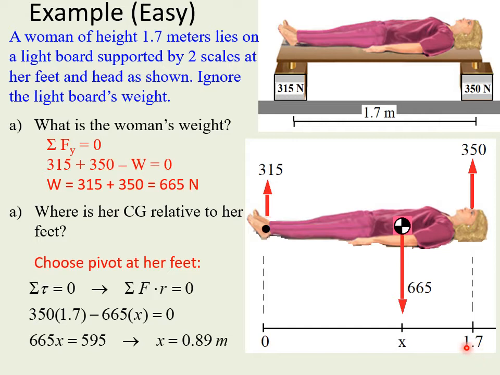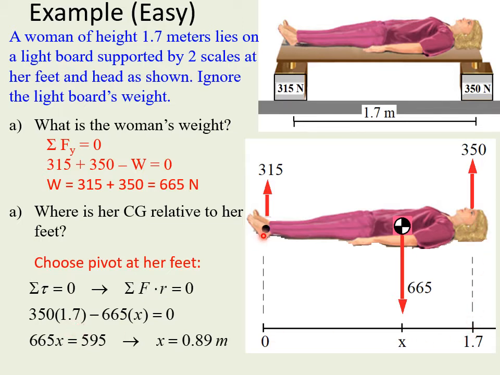So let's calculate the sum of the torques, again, using this as our pivot. In the positive direction, this force here tends to rotate her in a counterclockwise direction. That's our positive direction. So we have 350 newtons times that distance, 1.7 meters.